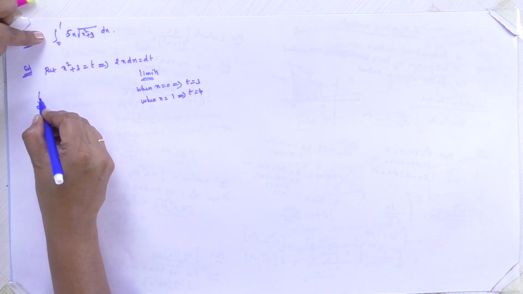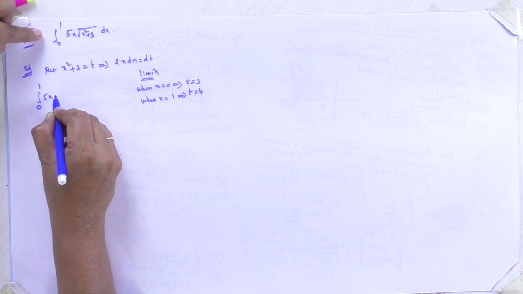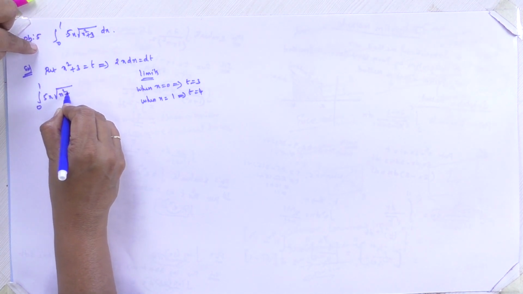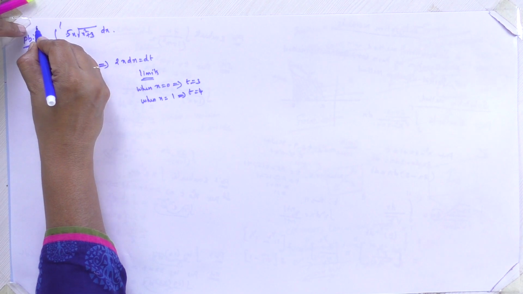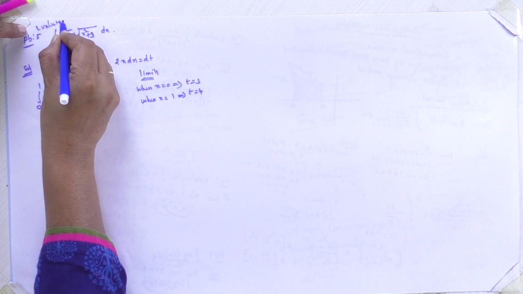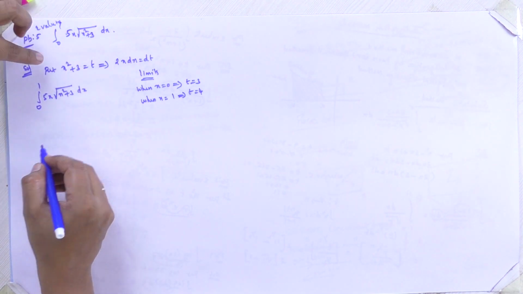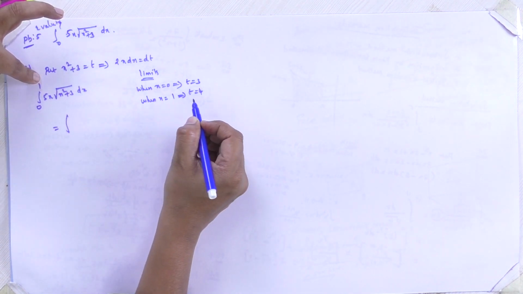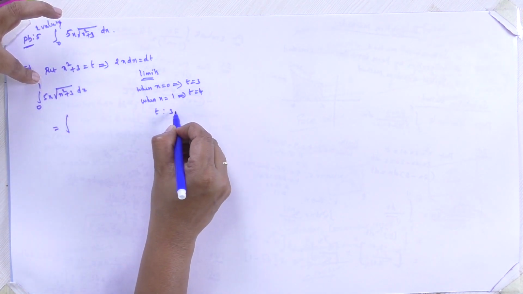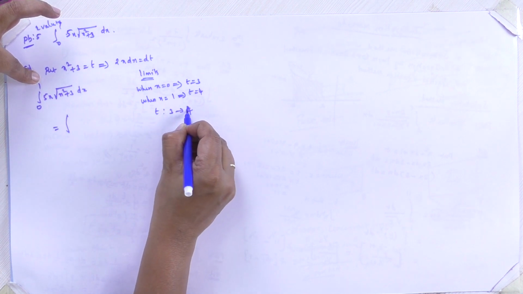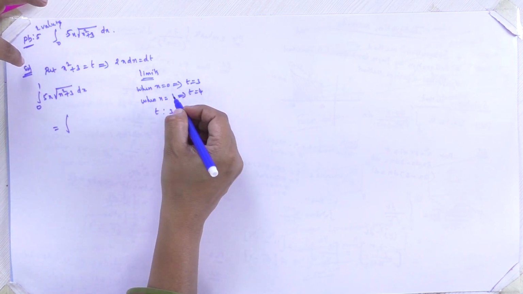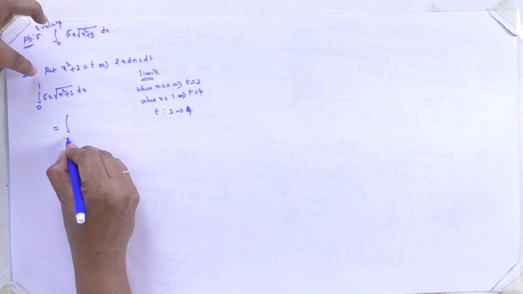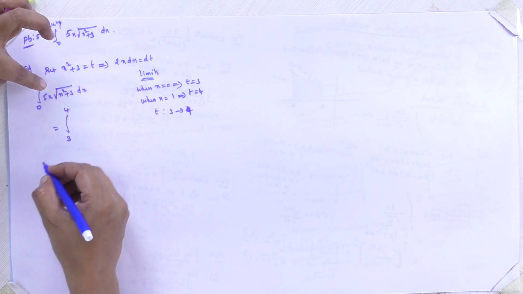Hence the given integral becomes, we are evaluating this integration, this integration is equal to the limits t varies from 3 to 4. 0 to 1 is replaced by 3 and 4. Right?